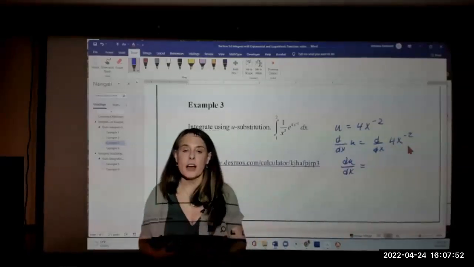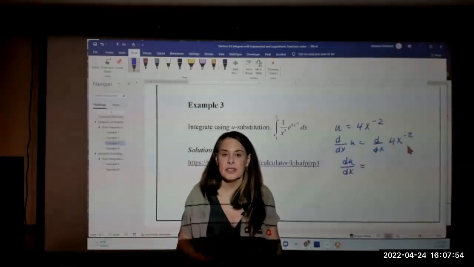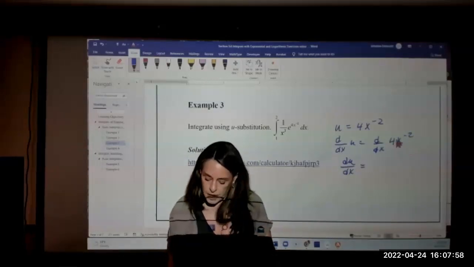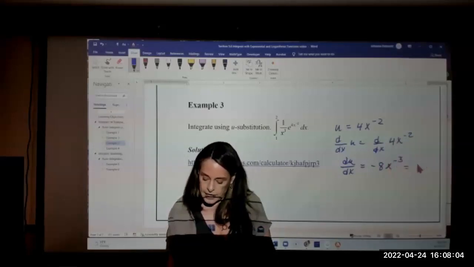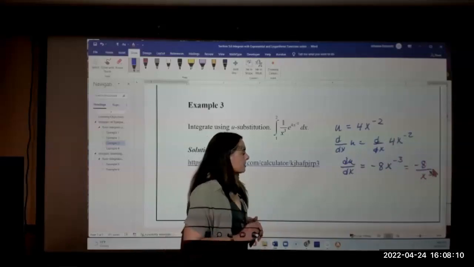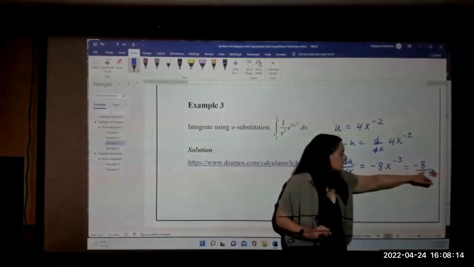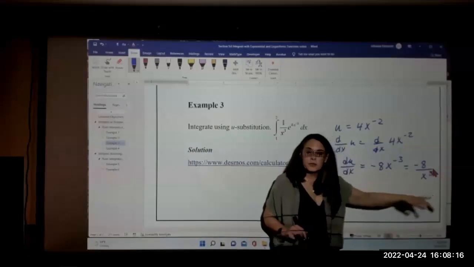The 4 is a constant coefficient, which just sort of tags along. I bring the negative 2 to the front to multiply by the 4, so I get negative 8x to the negative 3. Remember that negative exponents can be written in such a way that they are in the denominator with a positive exponent. So negative 8x to the negative 3 becomes negative 8 over x cubed.